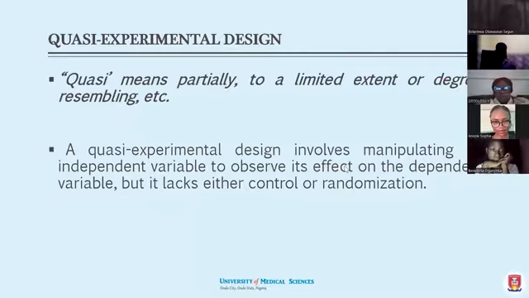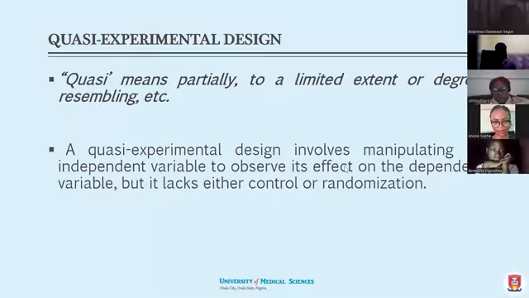This design involves manipulating an independent variable to observe its effect on the dependent variable, but it lacks either control or randomization. Yes, manipulation is there. You must introduce your treatment, you must give your treatment, in order for you to know the impact or the effects of that on the dependent variable which you are trying to measure.